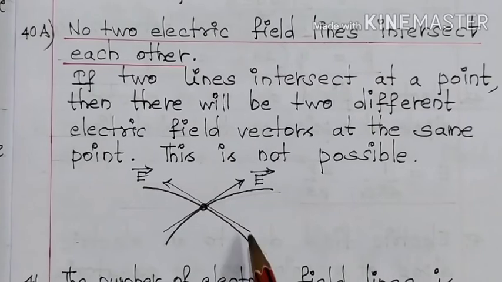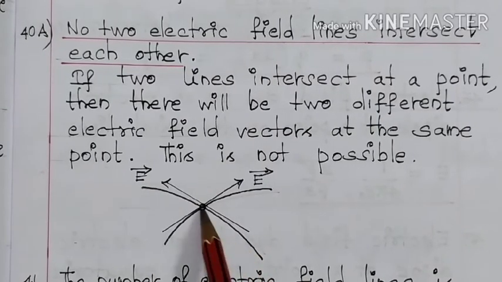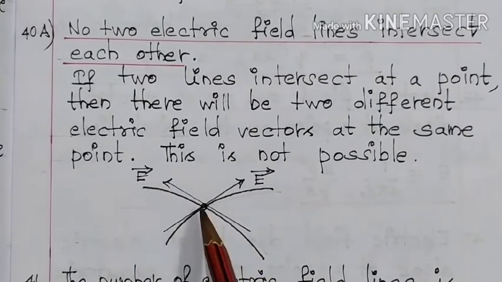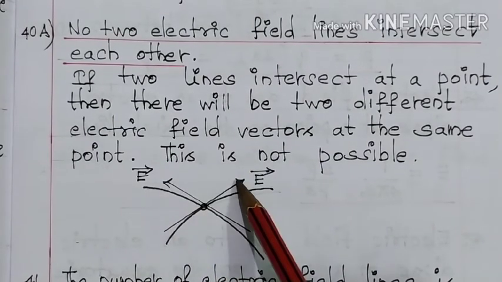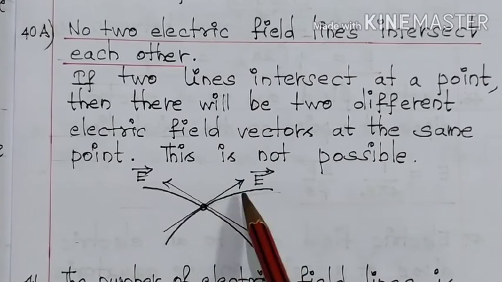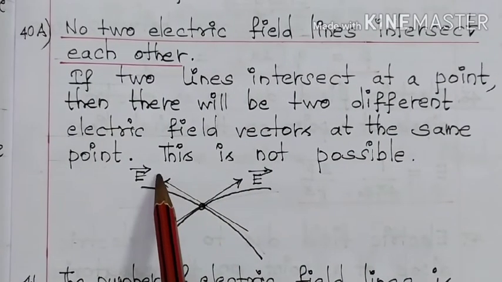Here I have drawn a diagram in which two electric field lines intersect each other. So at the point of this intersection, let me draw a tangent in this way. Again, through this point, let me draw a tangent in this way.